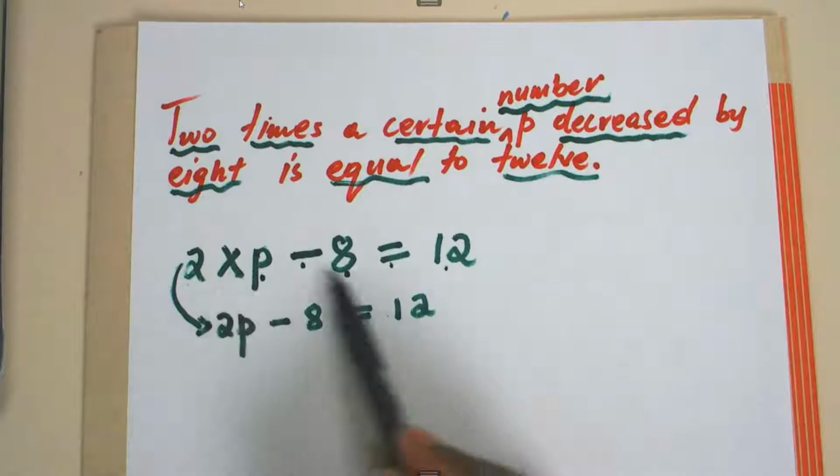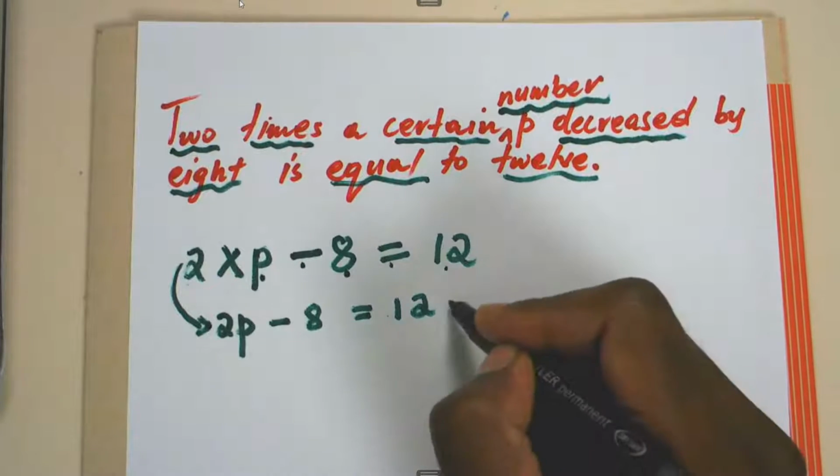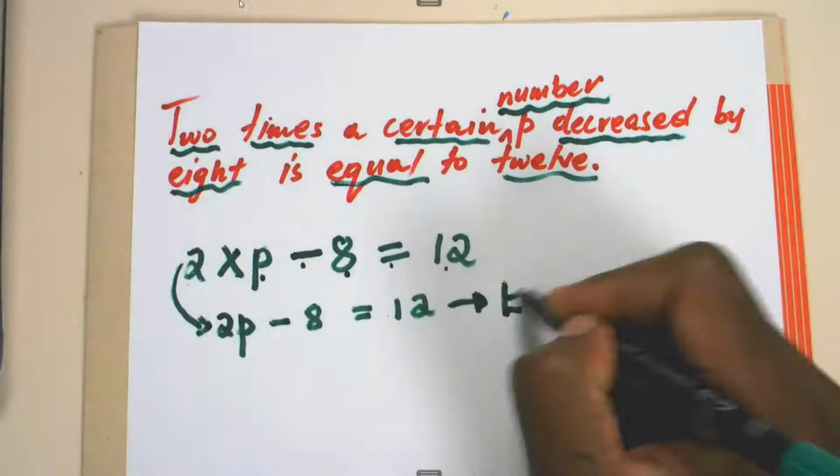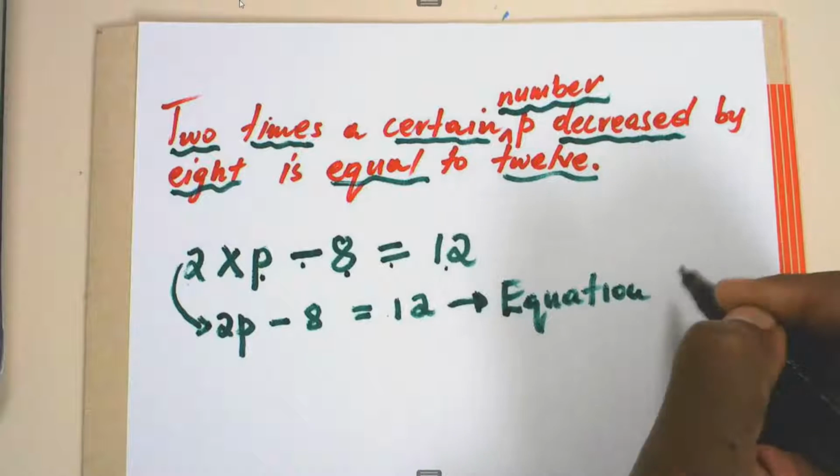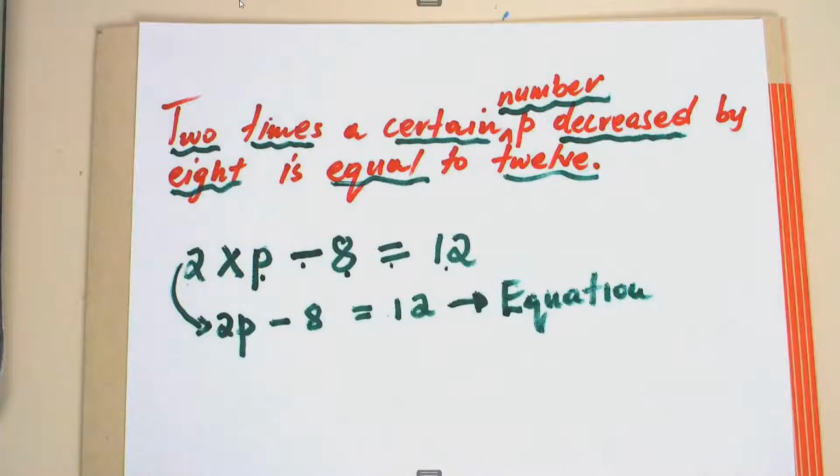So this is my equation. As it is now, it becomes an equation. Can we see? So 2 times a certain number p decreased by 8 is equal to 12.